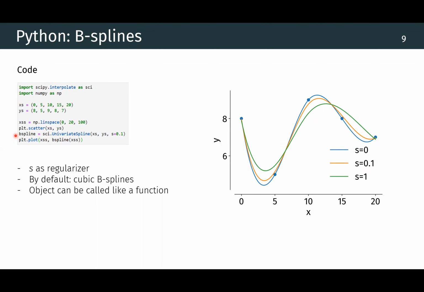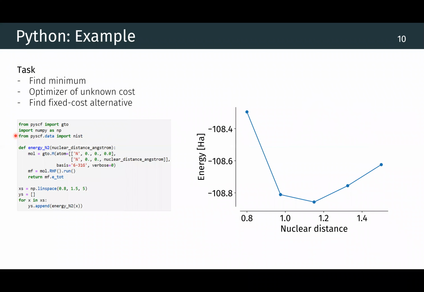This brings me to our use case example. So what I have here is one bond stretching. This is N2, and the idea is, if I want to figure out the minimum position, so what's the most stable bond distance, then the problem is I can use an optimizer.